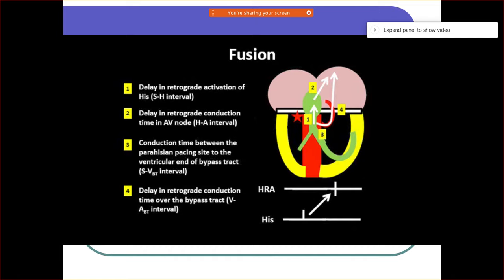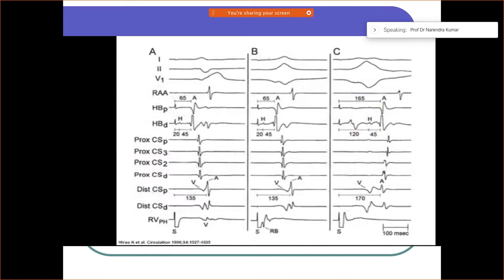And the third conduction time, represented over here, is the conduction time between the Para-Hisian pacing site and the ventricular end of the bypass tract, which is reflected by the SVT interval. And then finally there is a delay in the retrograde conduction time over the bypass tract. So this is a beautiful example for that. What are the three things happening over here?